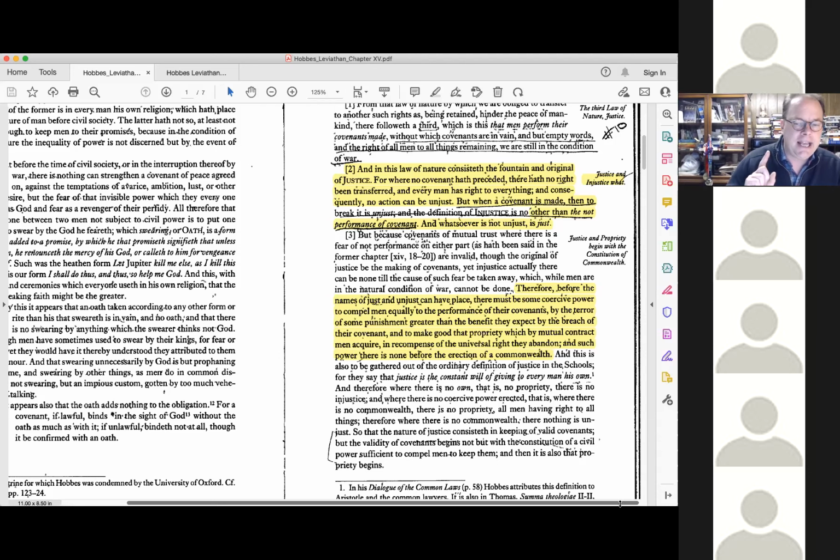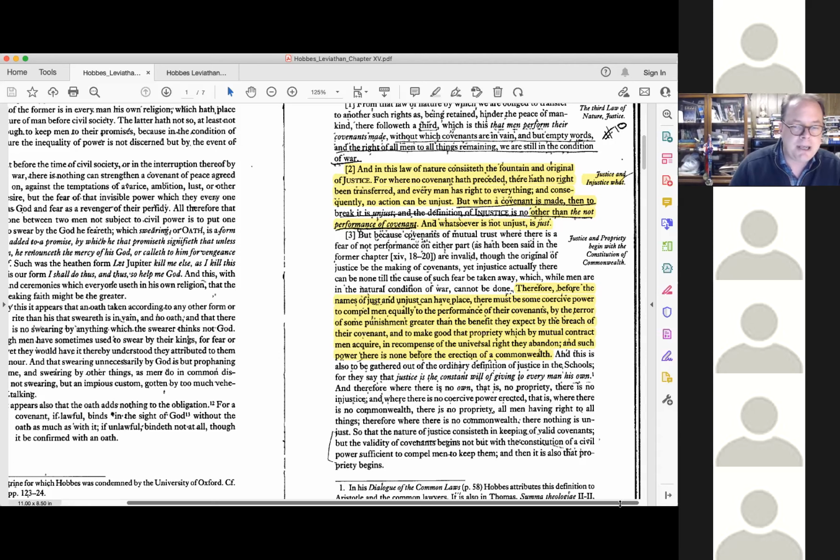How is the government going to force people to follow the rules? Here's the catch. He says we're going to force them by the terror of some punishment that is greater than the benefit they can expect by breach of their covenant, by breaking the rules.